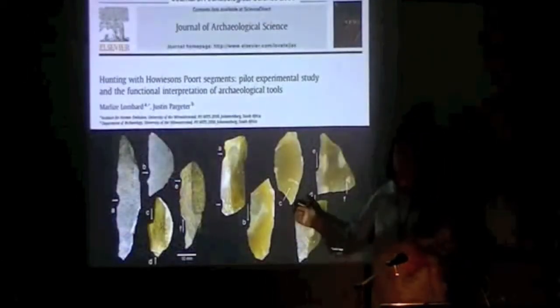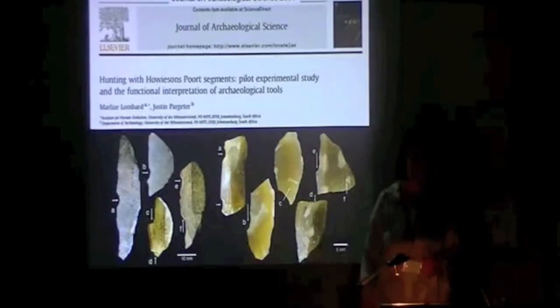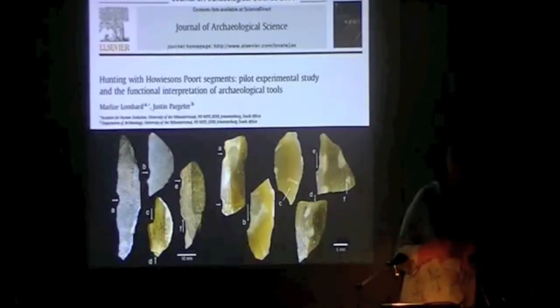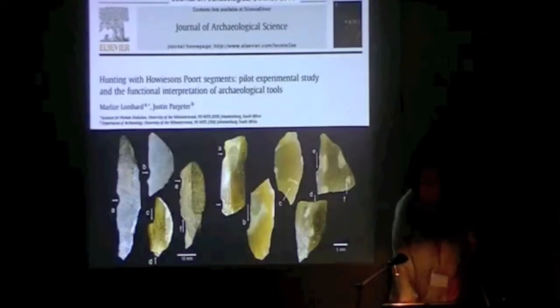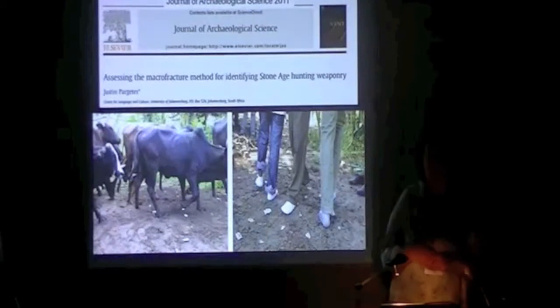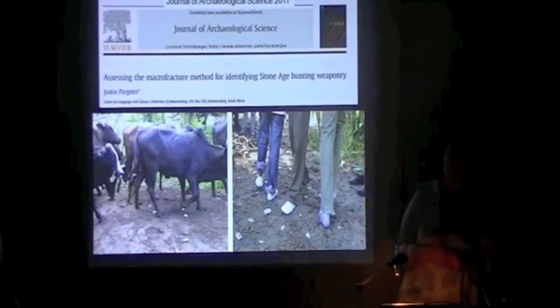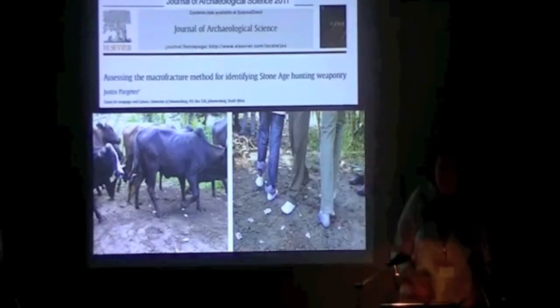That gives us a new morphological sample of the replicated flint tools that we could compare with archaeological tools on a macrofracture level. Eventually I'll get to the microscope work, but time is not always there. Justin is continuing his work with trampling, in Malawi, a trampling experiment.